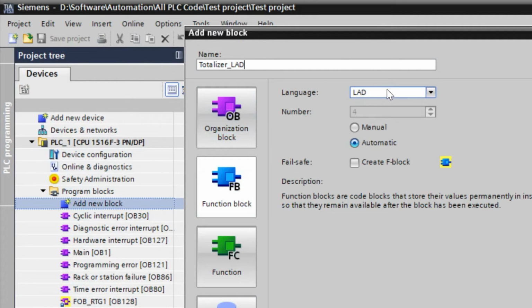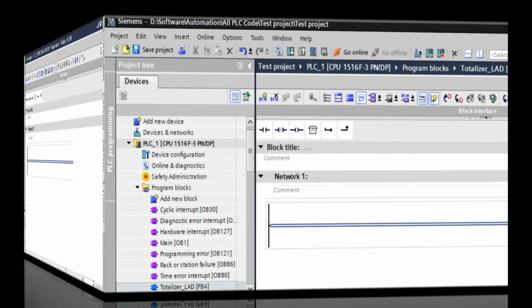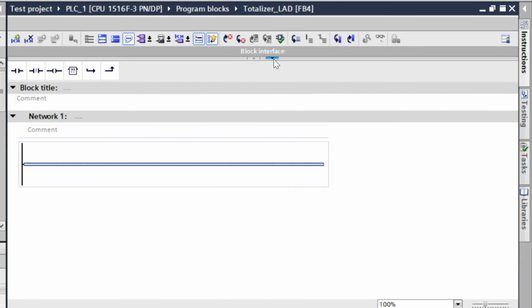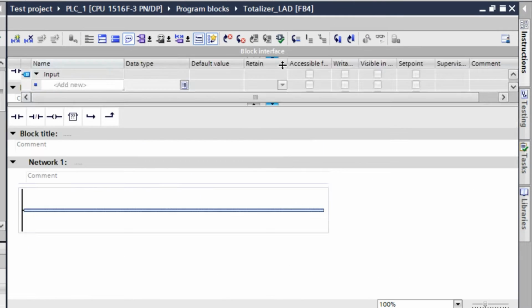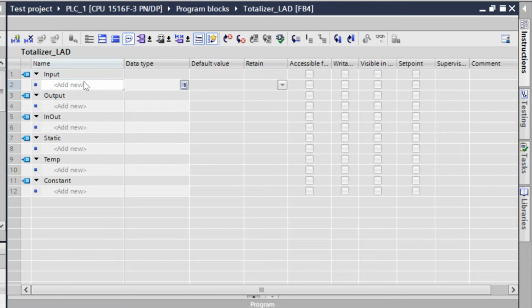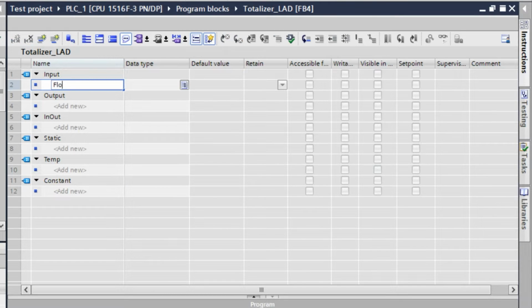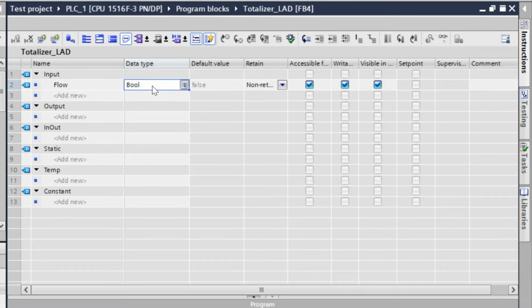The language is ladder. Now, by this arrow, this function block input will be here, that is the flow as the first input, and we'll use the flow data type as real. We will take the flow input 4 to 20 milliamps, scale it by a linear or Cyclic or Norm_X function, and give the flow as a real.